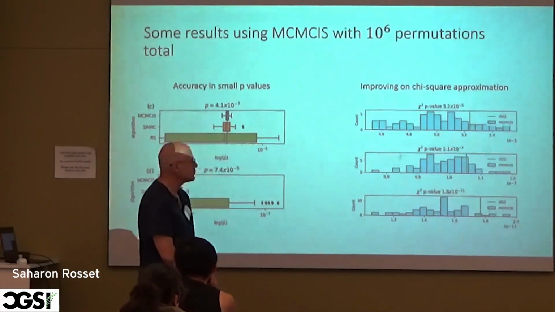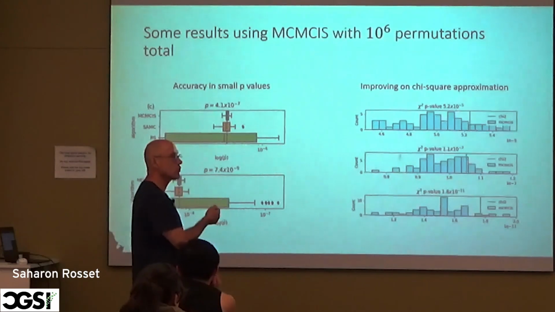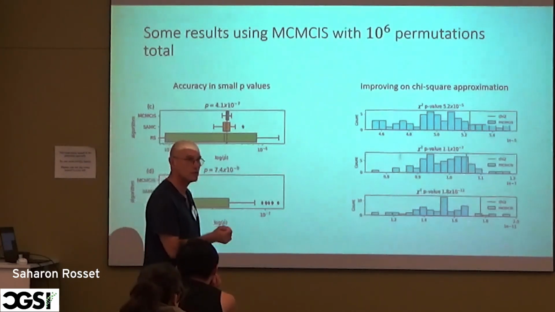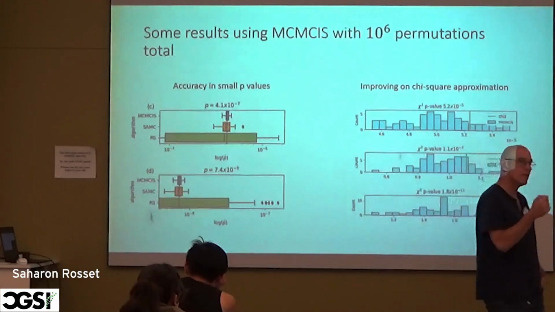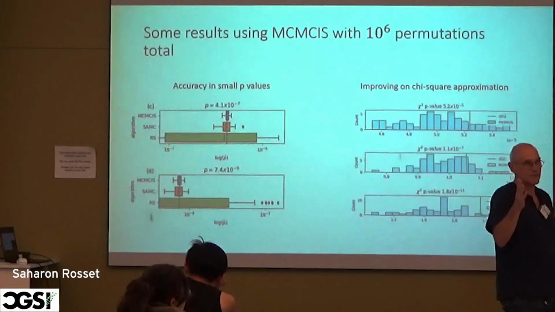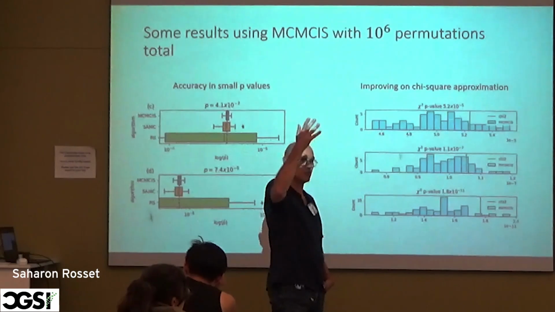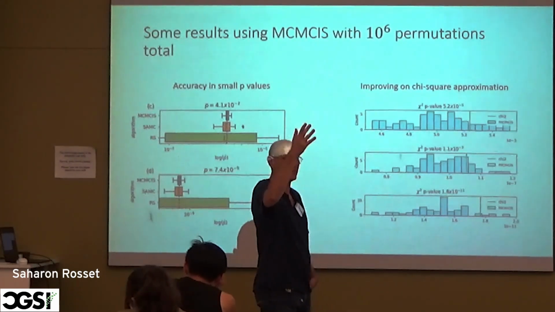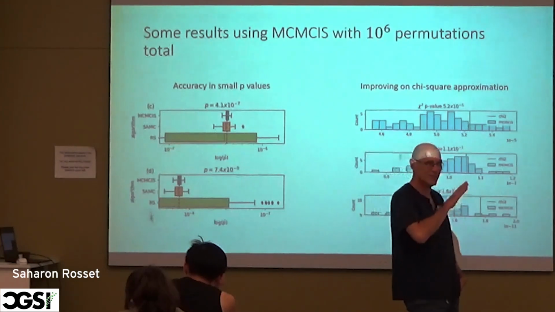The other thing is, when you do permutation-based correction instead of Bonferroni, you don't have to worry about estimating tiny p-values. You would just take the maximum test statistic and look at the permutation distribution of the maximum test statistic, and then you would correct at the 5% level, not at 5 times 10 to the negative 8.